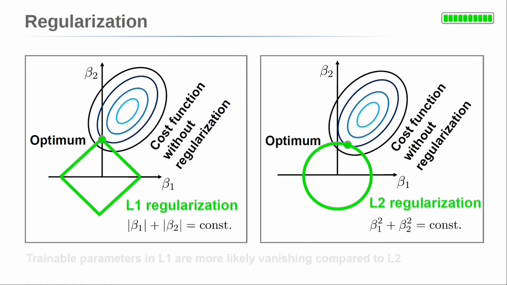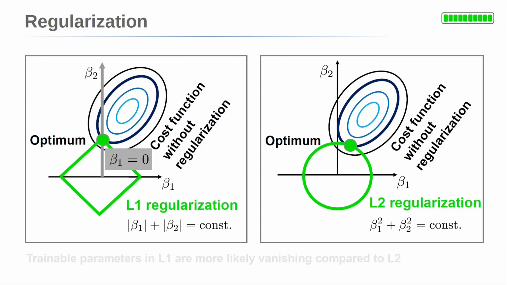On such a contour line of the regularization term, the term has the same value everywhere. Therefore, we seek the intersection of the L1 or L2 contour with the contour of the pure cost function with the smallest value. This would minimize the total costs. On the left, we see that this point is on the beta 2 axis. This means beta 1 is equal to 0 at the optimum.